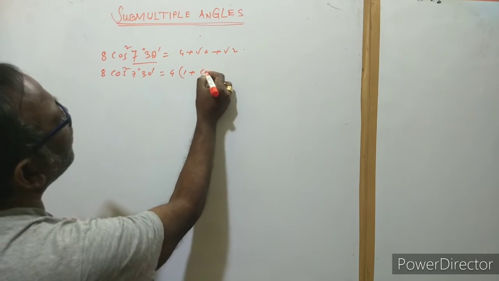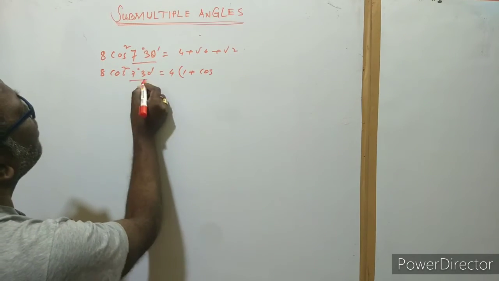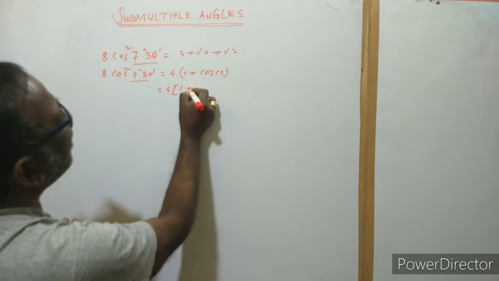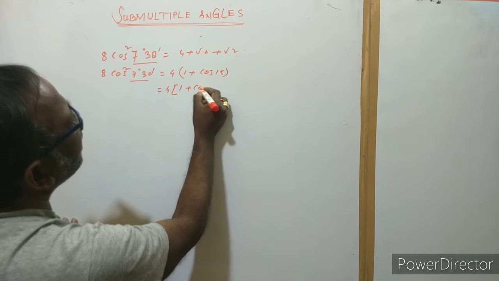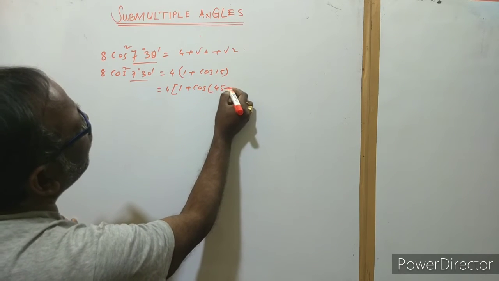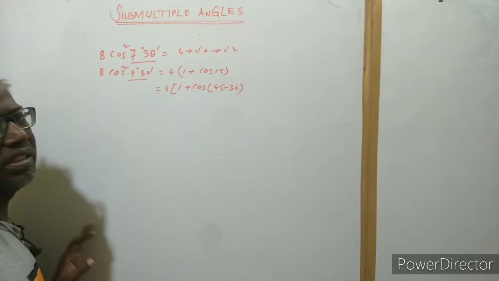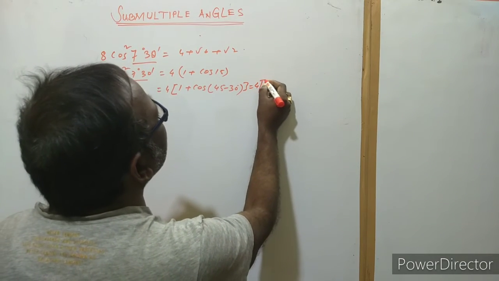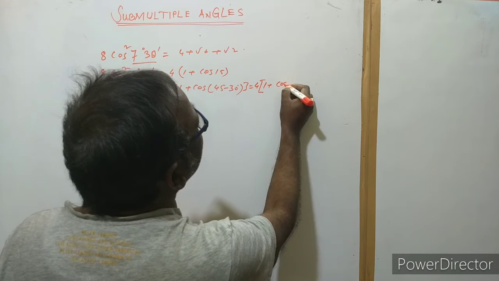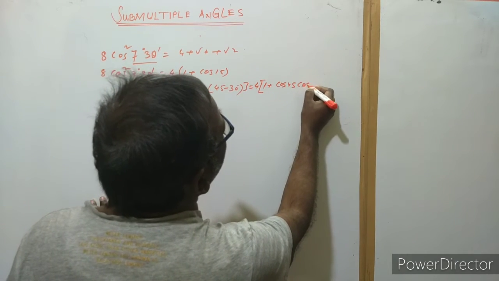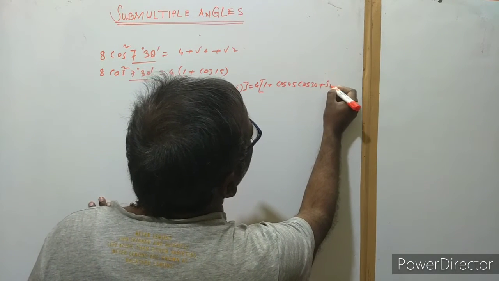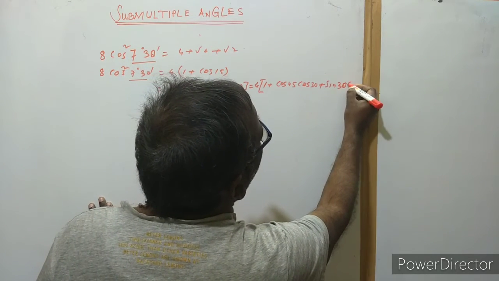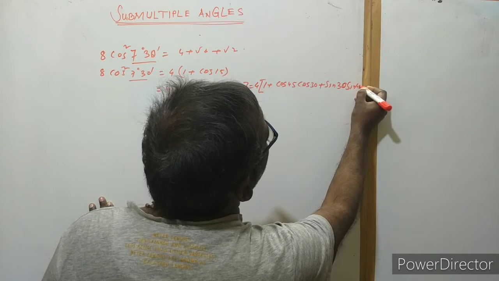We can write here 2 times multiple of that. This is 15 degree. Now again in place of 15 we can write cos 45 minus 30 degree. Yeah, you can easily write 60 minus 45, and 4 of that, and this is 1 plus cos 45 cos 30 plus sin 45 sin 30. Sorry, this is 30 and this is sin 45 here.